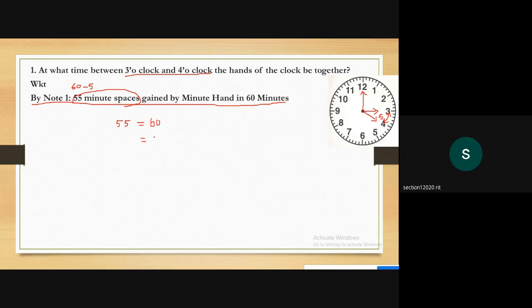I do not know it, so I'm going to take it as x. Somewhere between 3 and 4 o'clock the hour hand and minute hand will be exactly in the same place, and that is not known to me. For that purpose I'm going to do it. Just a minute.